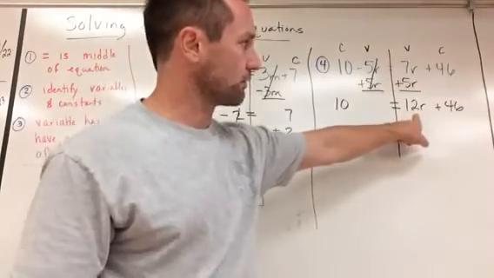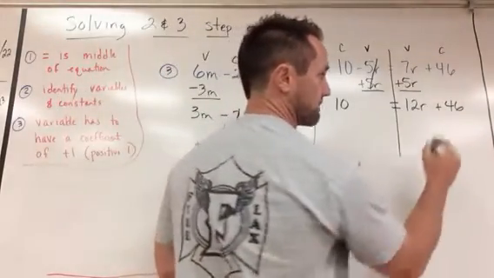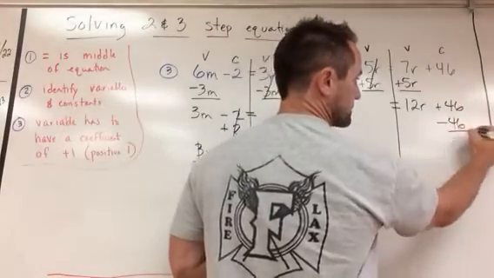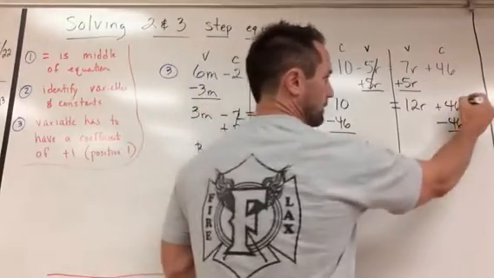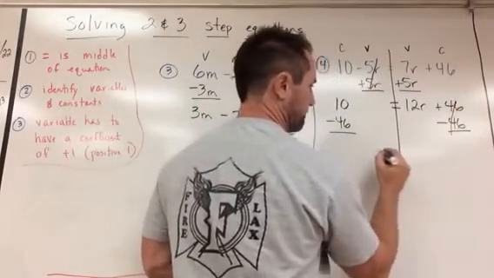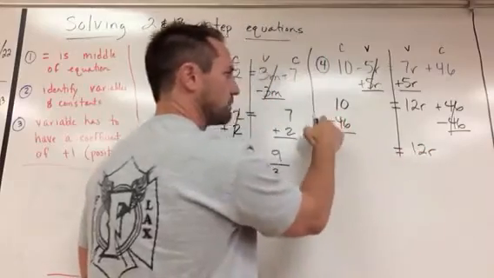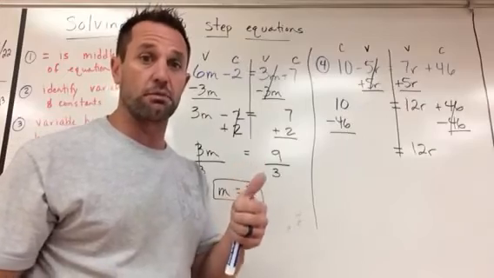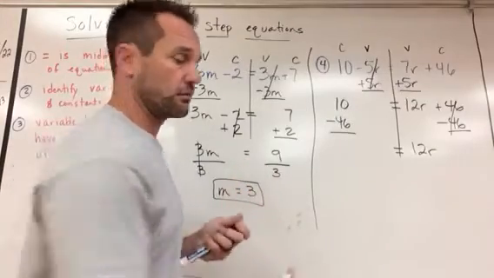I have my r's on the right side, so I need to keep them there and move the 46. How am I going to move the 46? I'm going to subtract 46 and subtract 46. These cancel out. I get a 12r is equal to 10 minus 46. Are the 10 and the 46 both positive, both negative, or one of each? They're not, there's one of each.